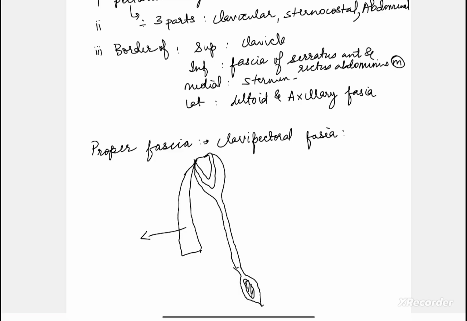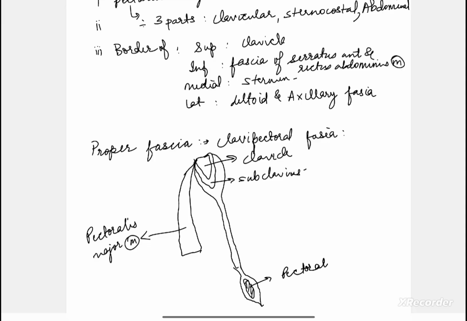This is the pectoralis major muscle. This is the clavicle. Here is the subclavius. This is the pectoralis minor muscle.